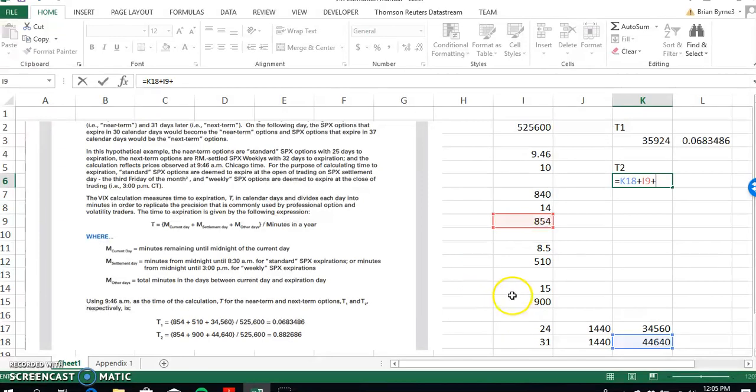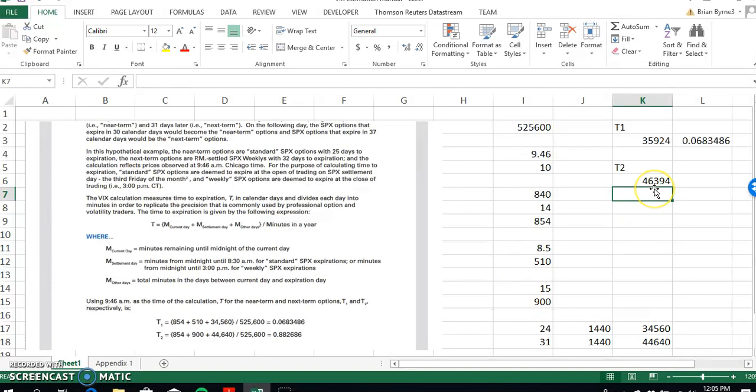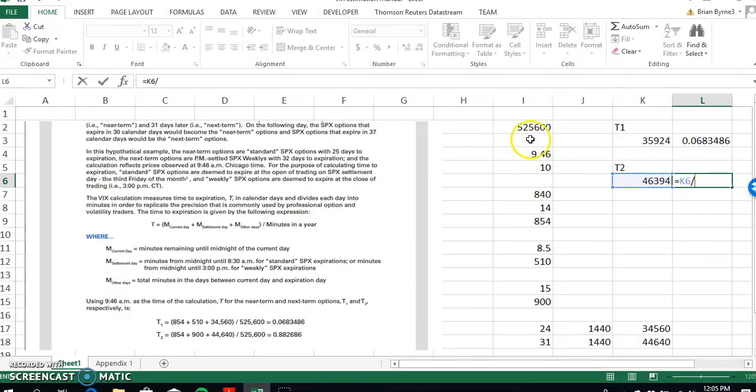So we've got to include the 900 minutes as well. Let's tot those up, 46,394. When we divide by the number of minutes per annum, we get 0.0882.